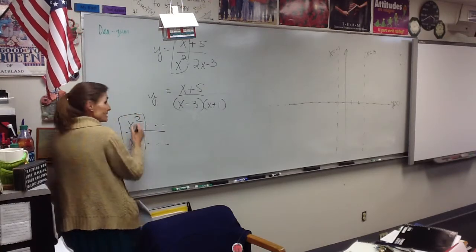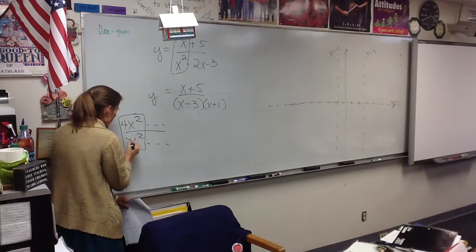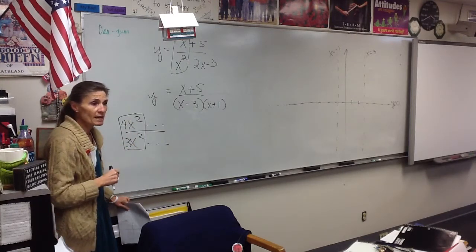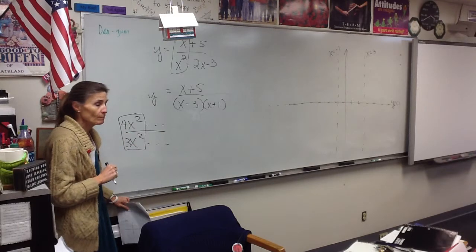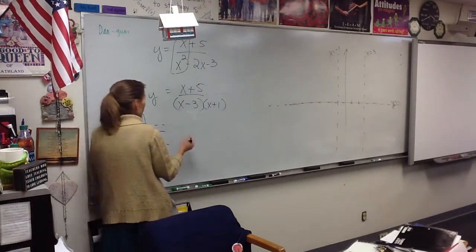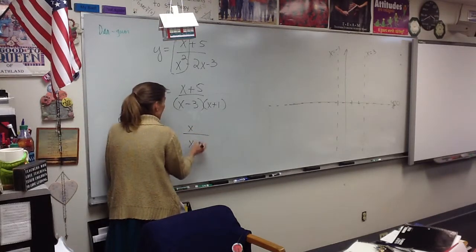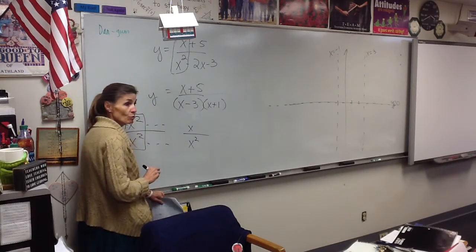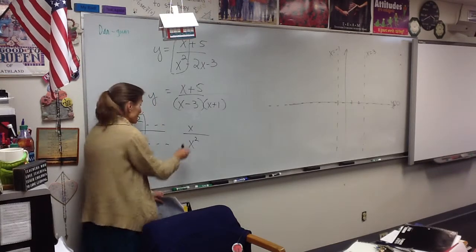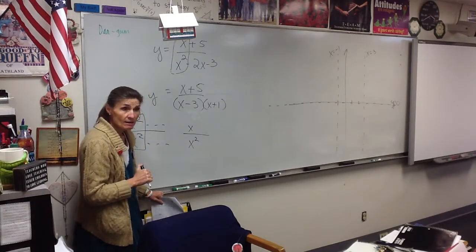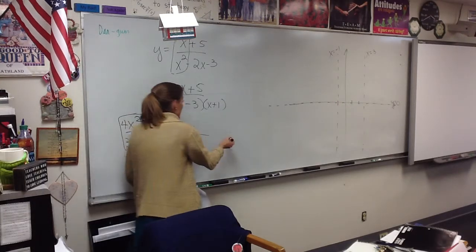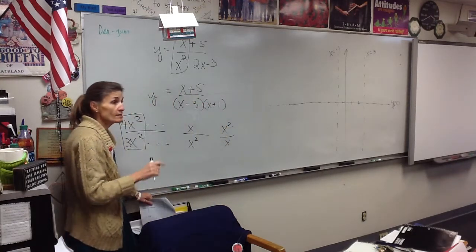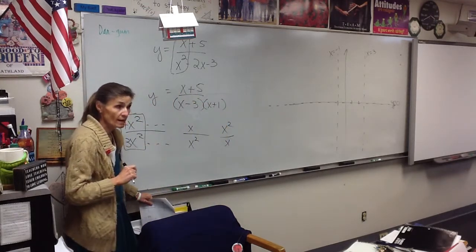In that case, let's say we had 4x squared over 3x squared, that horizontal asymptote would be at 4/3. Or you could have what we have, which is an x over an x squared, and that horizontal asymptote would be at 0, because the bottom is bigger than the top. Or you could have the other way around, x squared over x, in which case there is no horizontal asymptote.